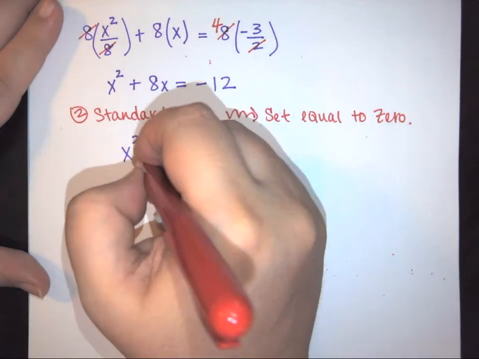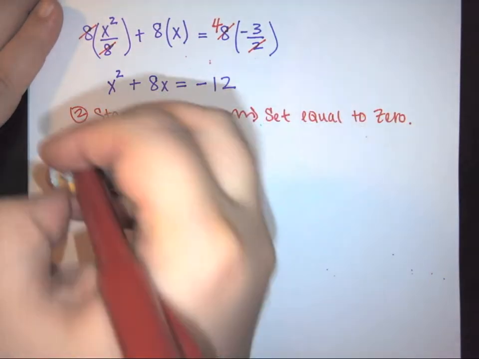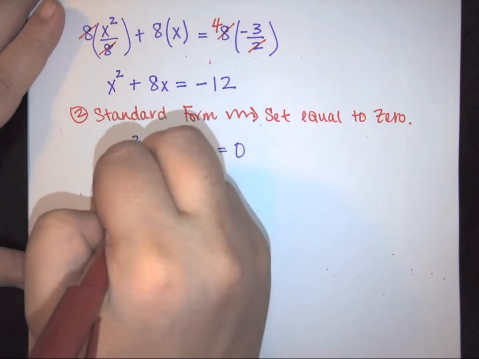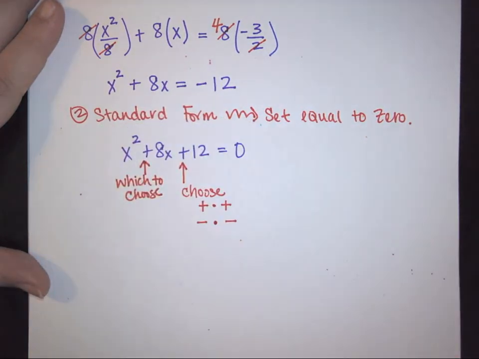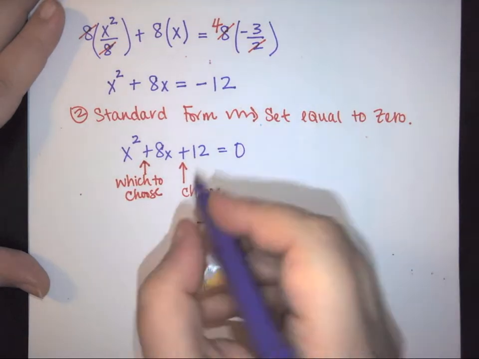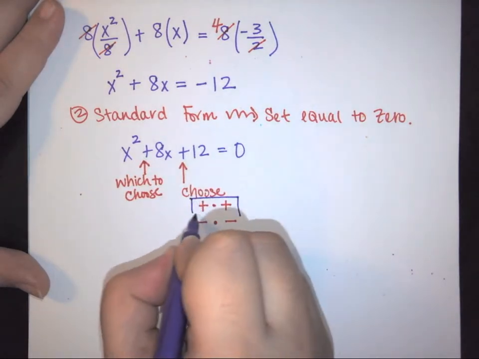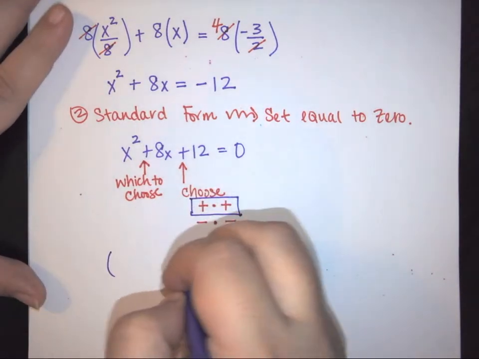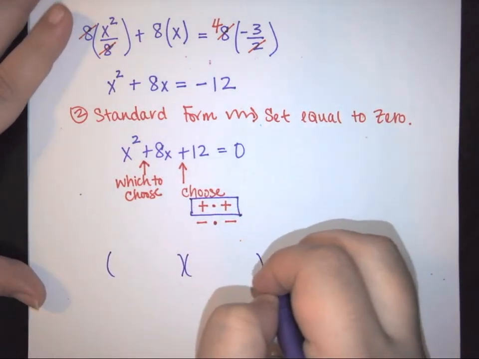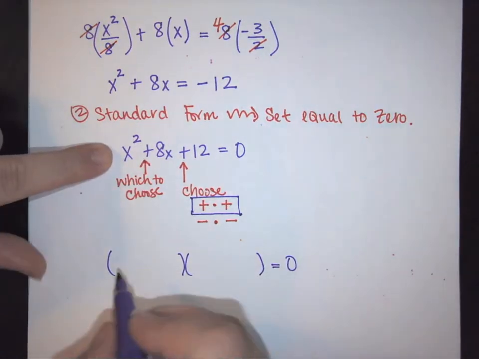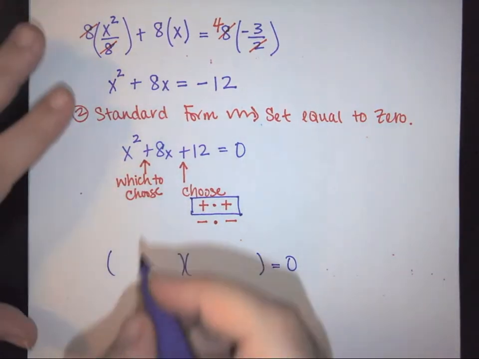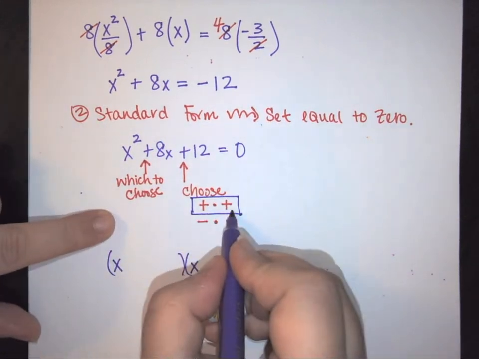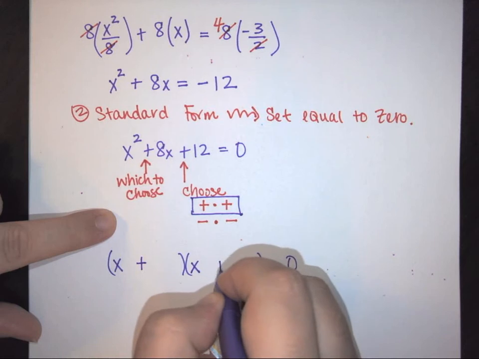And then the second sign, this sign over here, tells you which to choose, which in this case is going to end up being the positive positive, this one right here. So once we've made our choice, we can open up our parentheses. My x squared is going to split into x and x. I just decided that my signs were both positive, so positive, positive.